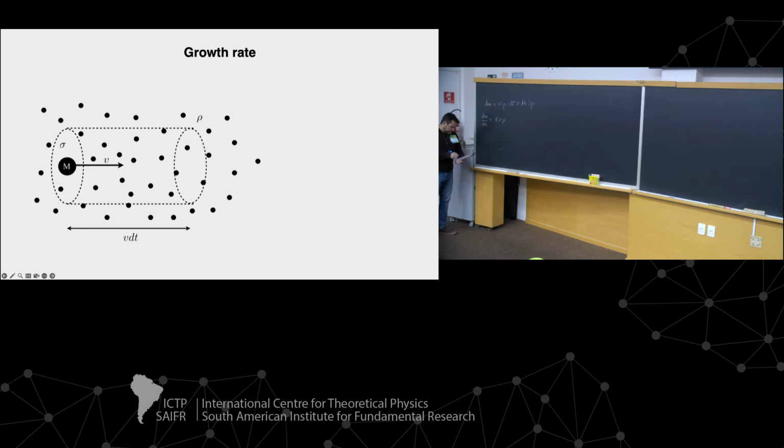So for the cross-section, what you're going to find is that it is going to be augmented. You have the geometrical cross-section of the planet. However, it is also augmented by the gravity.